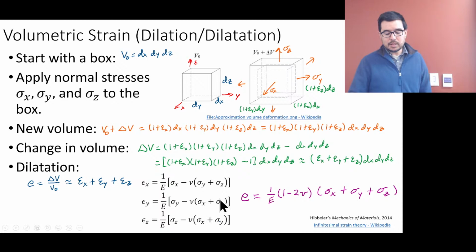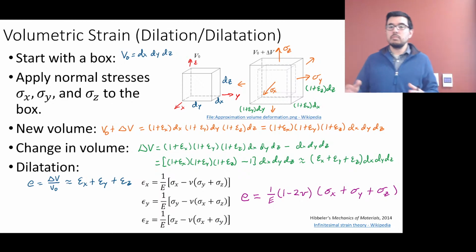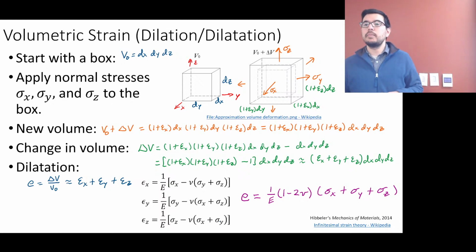I'm going to have another sigma z from over here, right? So I'm going to end up doing minus 2 of these stresses, across the board. And I still will have these terms, the sigma x, sigma y, sigma z times 1 over E, and that's what you're seeing with both this and this. Okay? Any questions? Right now, just a lot of substitutions.